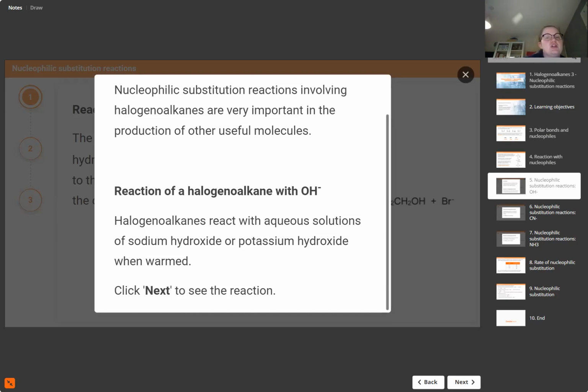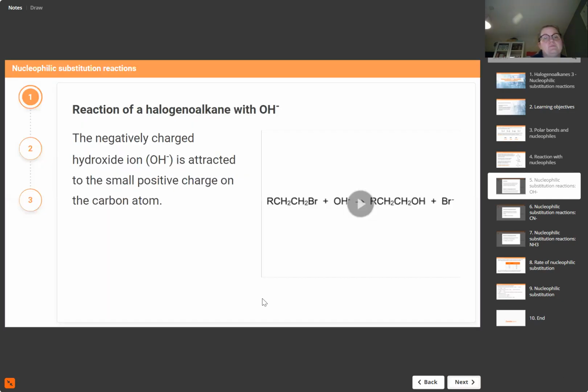So the reaction of a halogenoalkane with sodium hydroxide: when halogenoalkanes react with aqueous solutions of sodium hydroxide or potassium hydroxide when warmed. And again, really important on these questions that we're stating in answers that it's an aqueous solution of sodium hydroxide or potassium hydroxide.